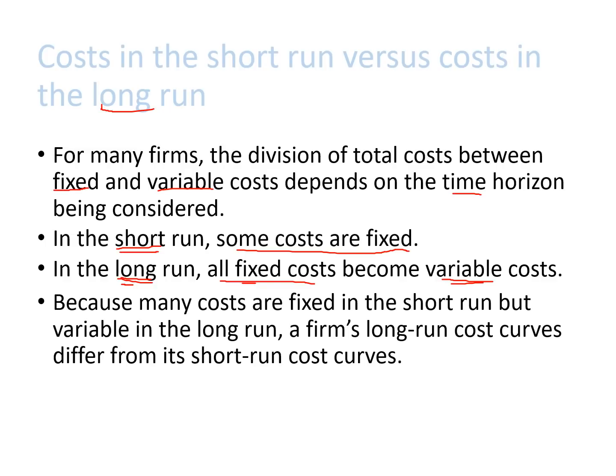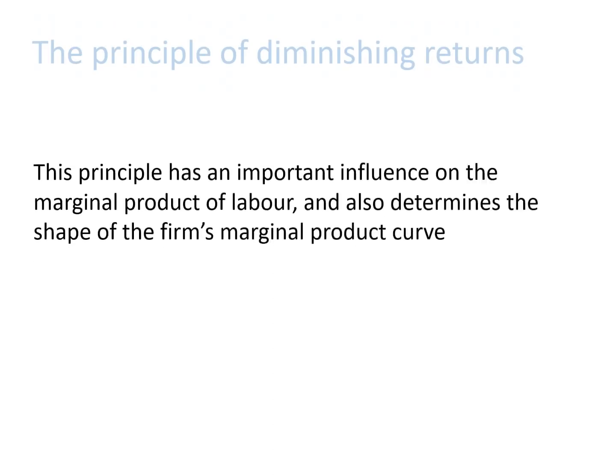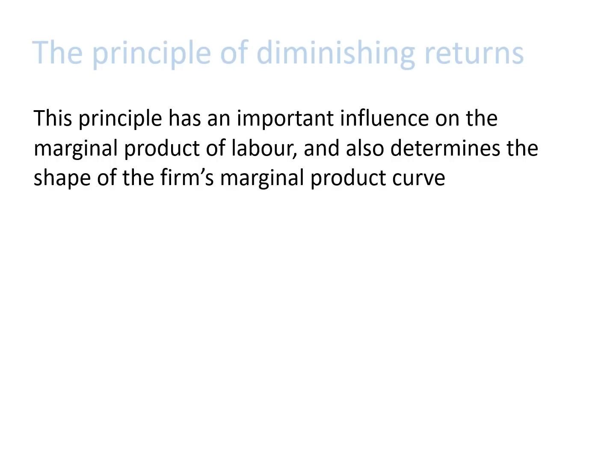Because many of the costs are fixed in the short run, but variable in the long run, a firm's long run cost curves differ from its short run cost curves. The principle of diminishing returns. This principle has an important influence on a firm or a company's marginal product curve.